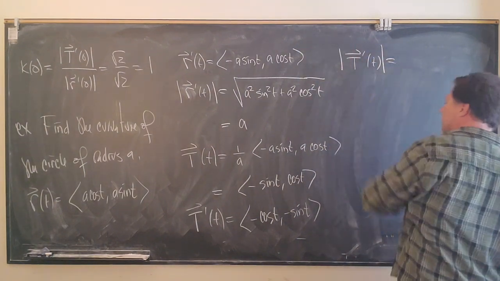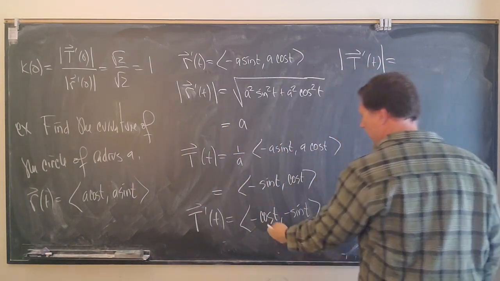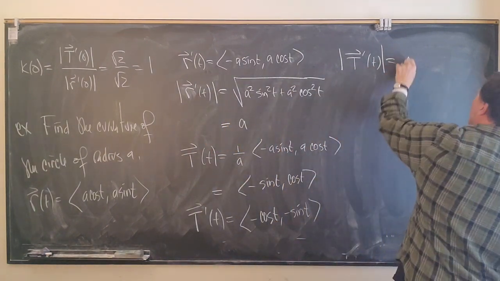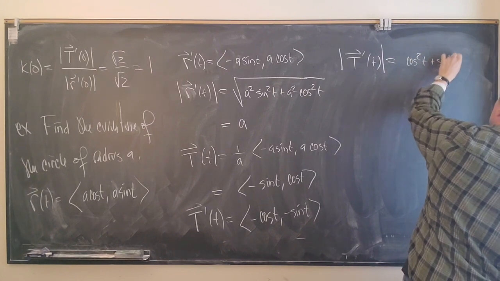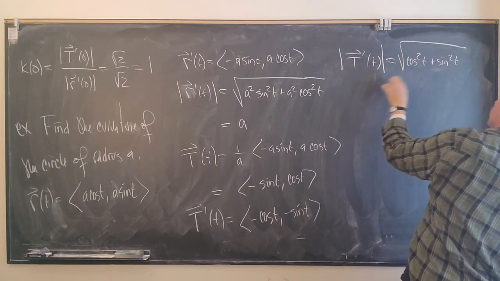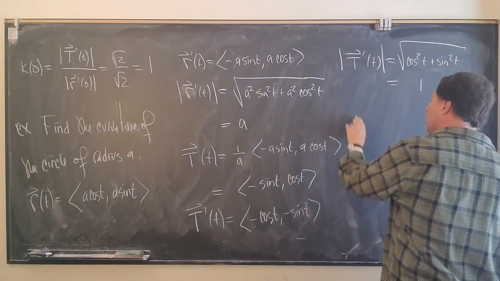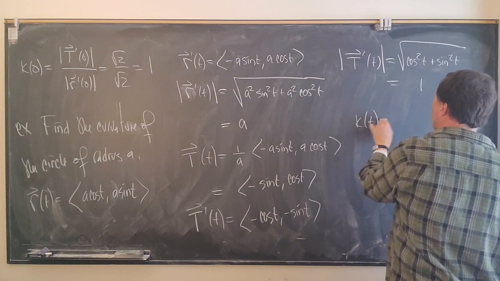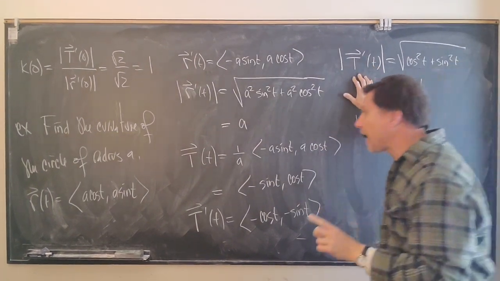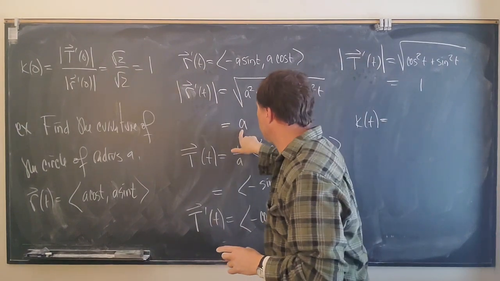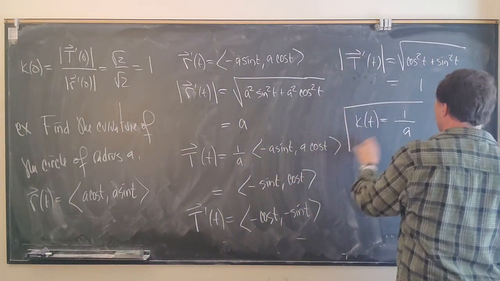That's going to equal, well, the magnitude of this is going to be the square root of cosine squared t plus sine squared t. That equals 1. And so the curvature, that's going to be the magnitude of T prime divided by the magnitude of r prime. And so that's going to be 1 over a.